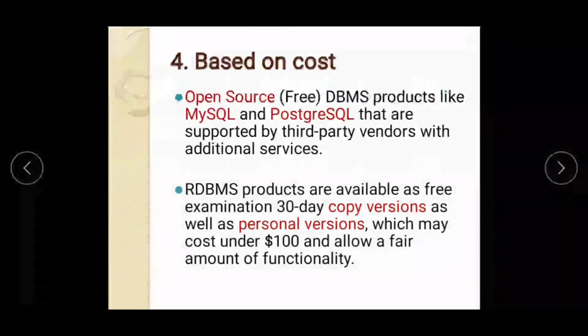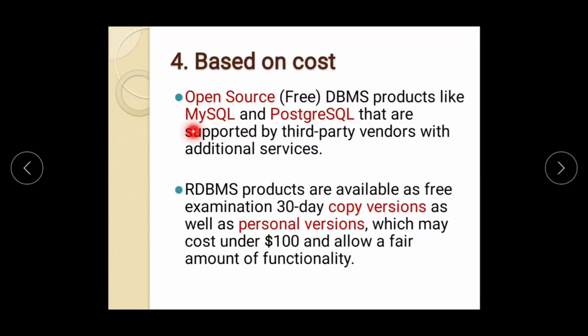These open source DBMS products like MySQL and PostgreSQL are supported by third-party vendors with additional services. Third-party vendors means third-party companies will be providing such systems, so such systems have some additional services.